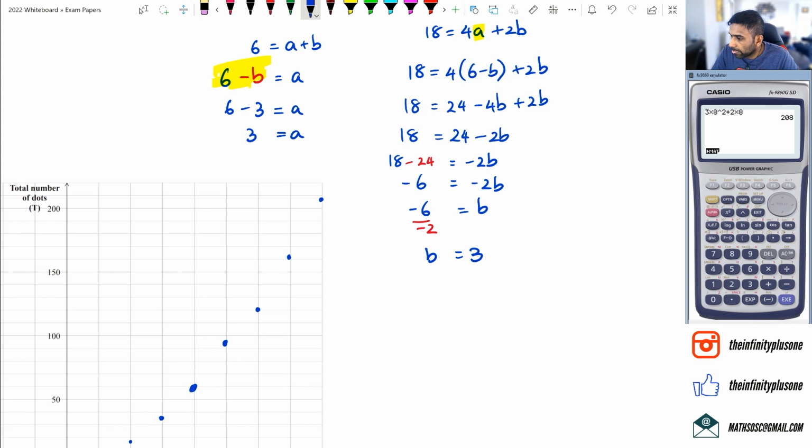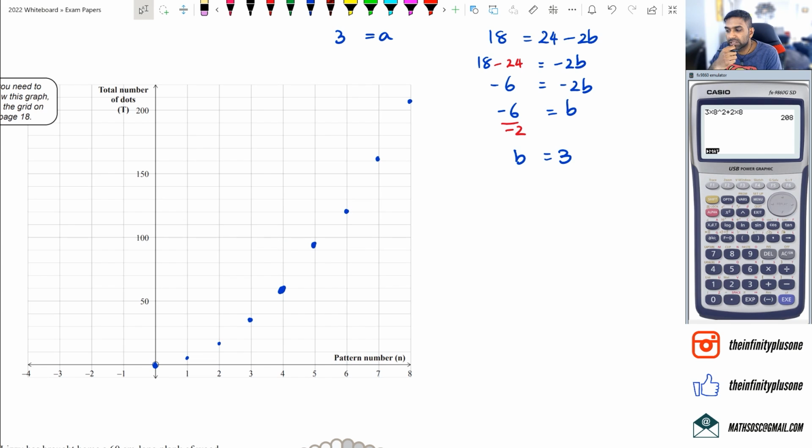All right, with this particular graph, guys, it's really important to notice that this is a pattern question.